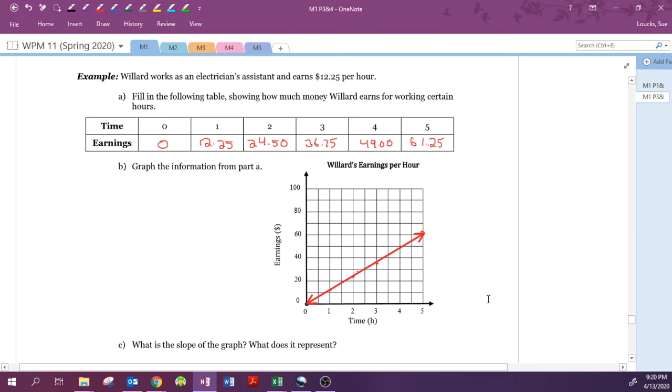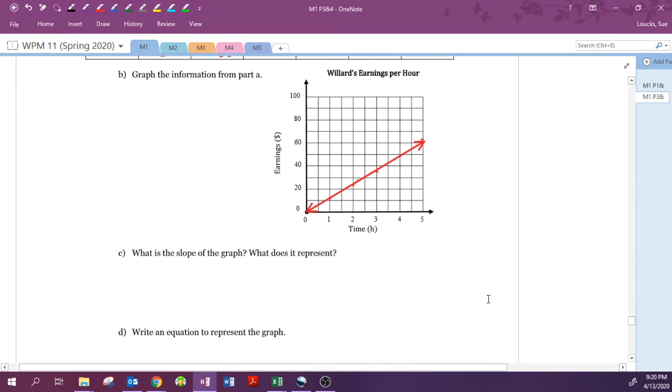What is the slope of this graph? So we're looking at question C. What is the slope of the graph and what does it represent? So m equals rise over run. And remember, I can take any points that I want. So I'm actually going to go from the 0, 0 to the 1, 12.25. So the rise here is 12.25.